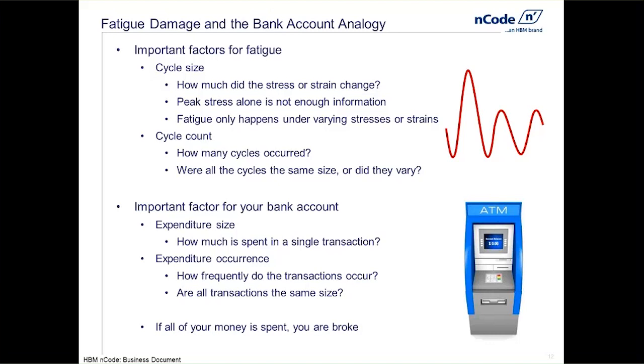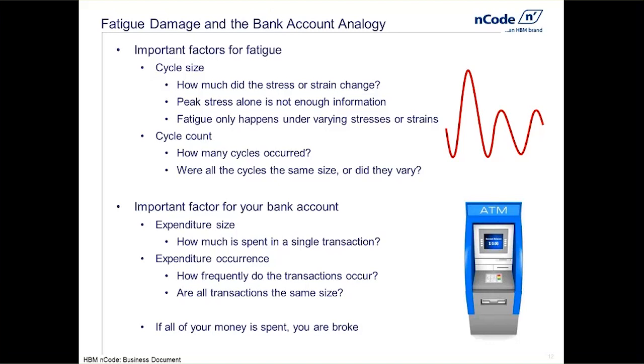You go through life and you have various expenditures. Okay, you're spending money on a mortgage. That's a large expenditure. You're spending money on your cell phone. That's a medium-sized expenditure. You're paying for lunches and dinners. These are relatively small expenditures.